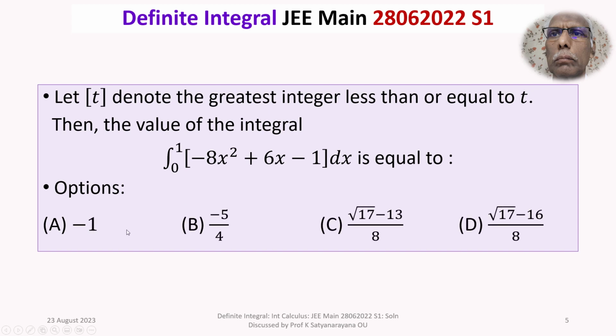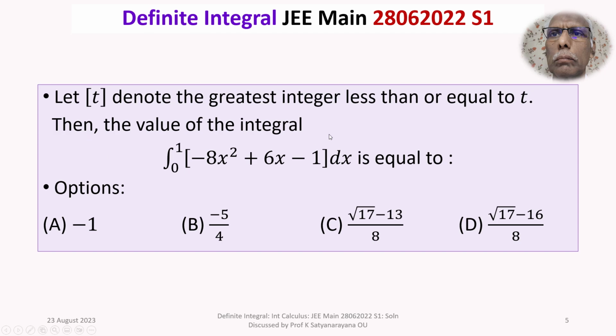Option A: -1. Option B: -5/4. Option C: (√17 - 13)/8. Option D: (√17 - 16)/8.